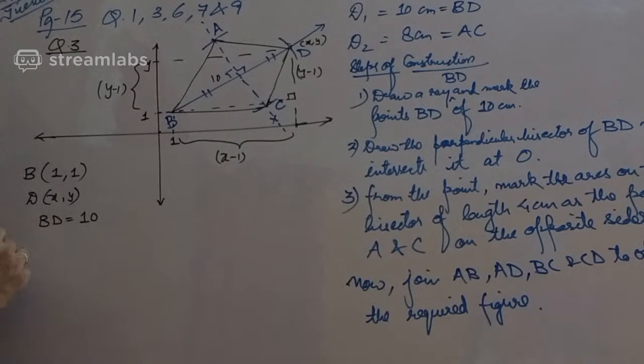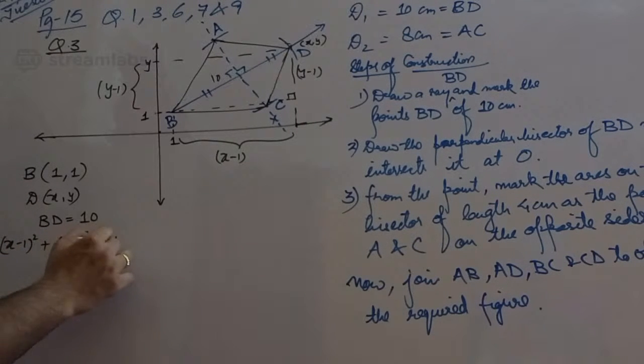So BD would come as x minus 1 whole square plus y minus 1 whole square equals 10 square. We can write it like this as a distance formula. We can apply it.